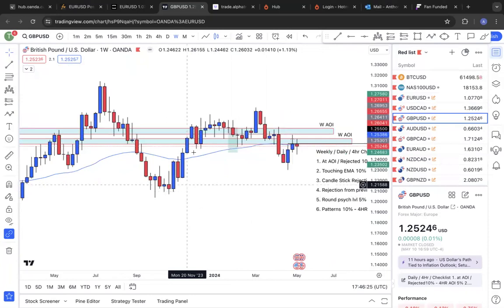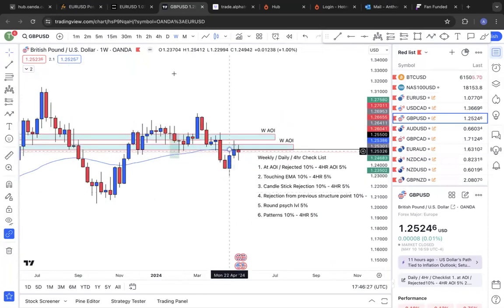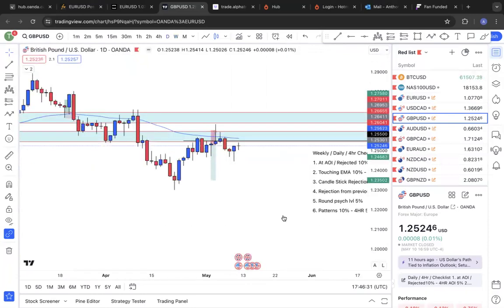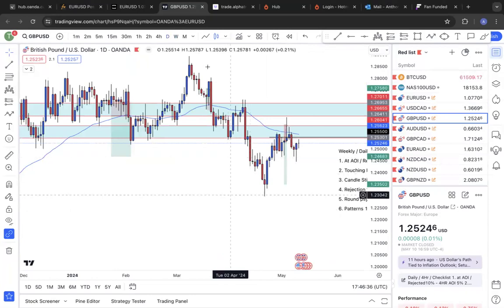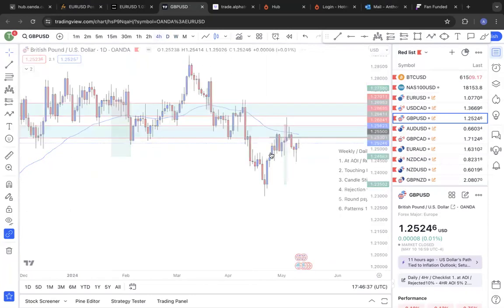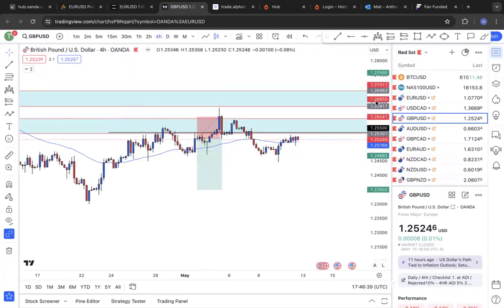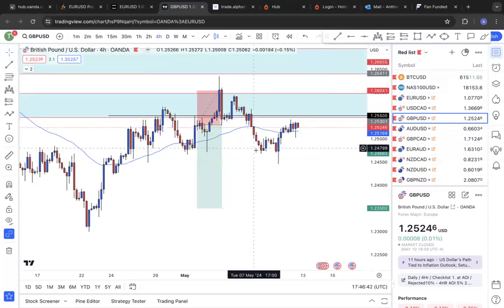Lower low. We got a bearish market on the weekly. Bearish on the daily. And looks like we are bearish on the 4 hour. So this thing's ready to be primed.